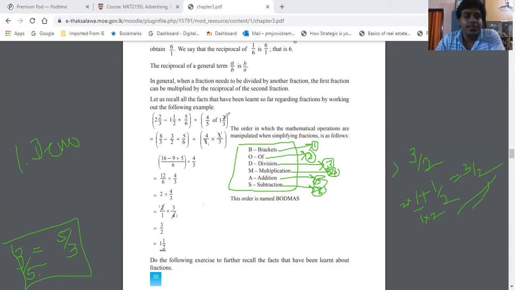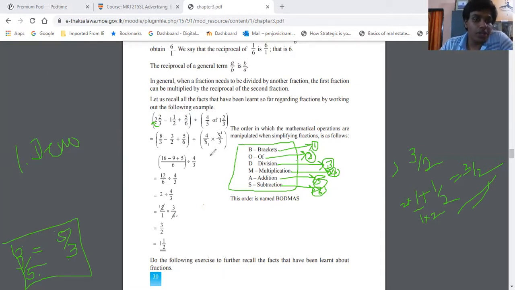So here you can see what they have done. Number 1, you should always make it an improper fraction. Yes, first of all, make it an improper fraction. Like I said, it's a representation, but I didn't explain it properly.